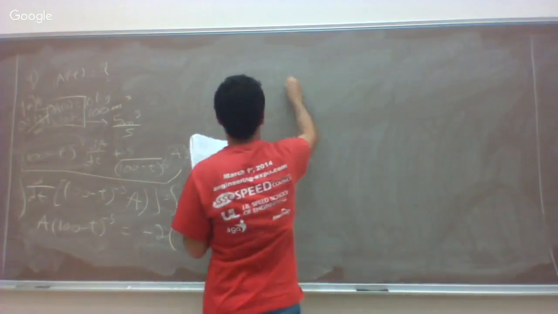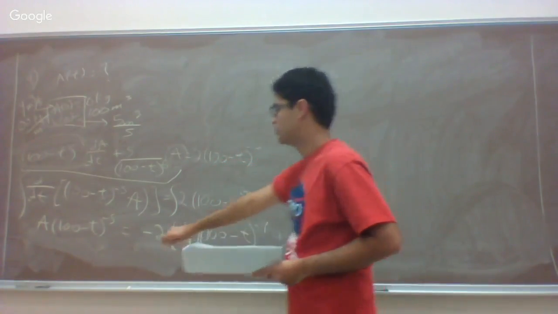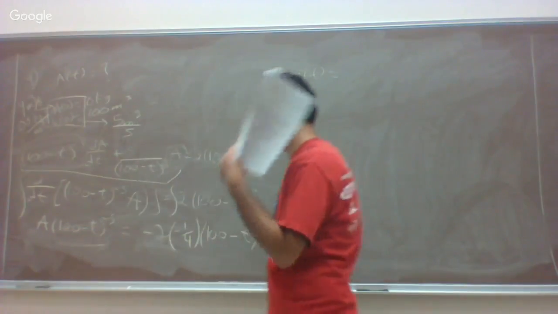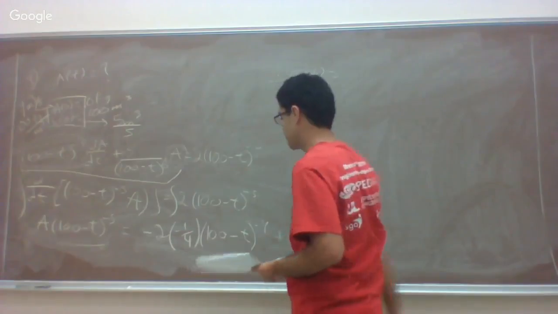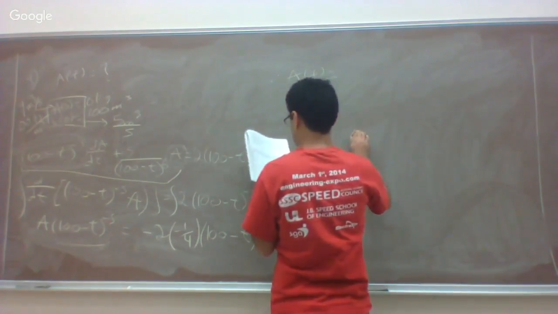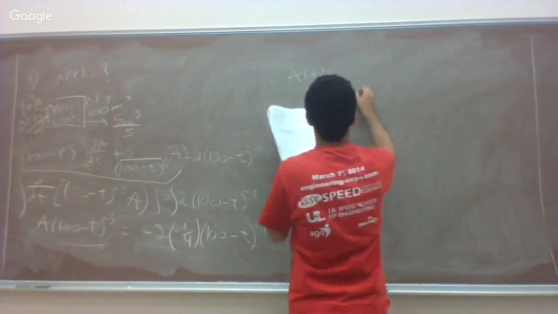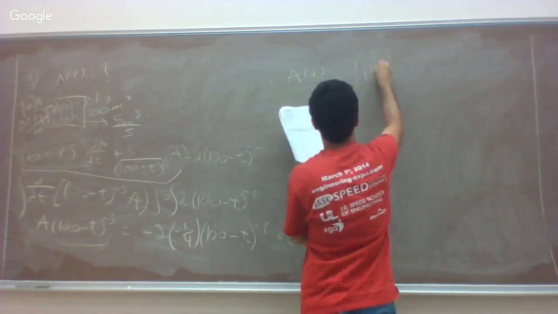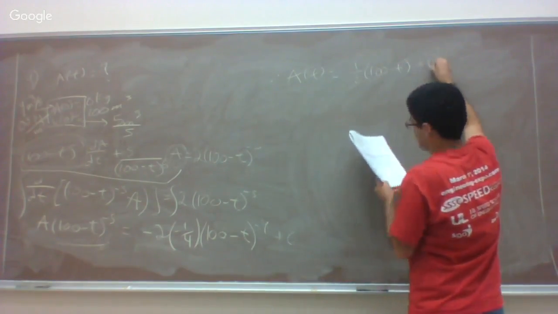So that my a of t is equal to, we divide by this factor, so I select a, negative 2 divided by a negative 4, I have a negative 2. Sorry, a positive 1/2. So I have 1/2 times 100 minus a t plus a c.